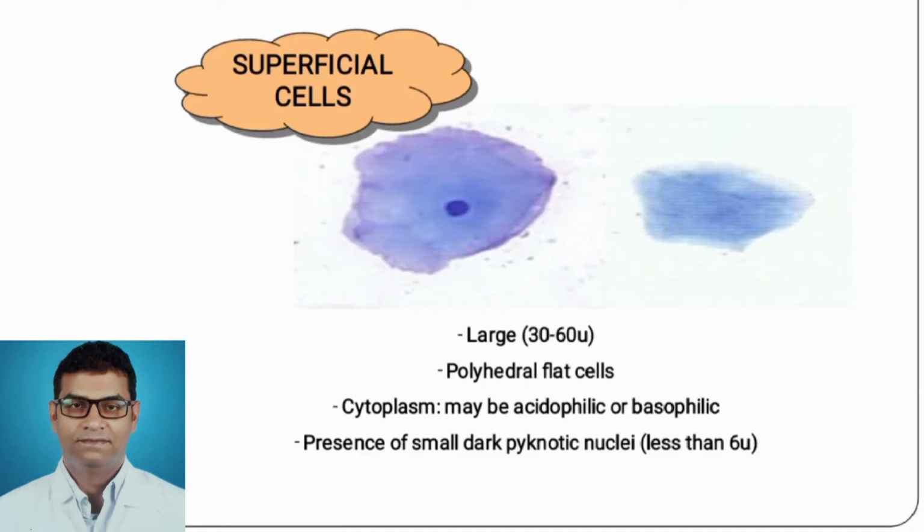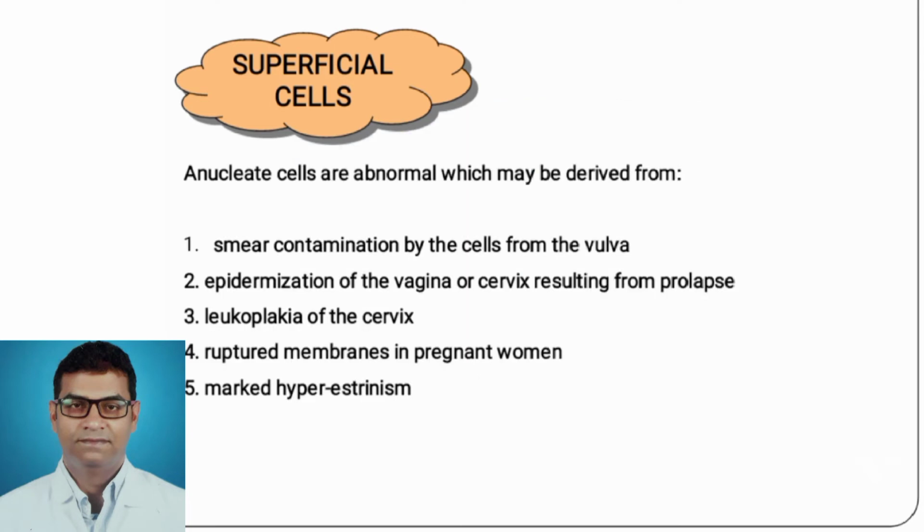Superficial cells are large, 30 to 60 microns in diameter, polyhedral flat cells with acidophilic or basophilic cytoplasm and a small dark pycnotic nucleus less than 6 microns. Anucleate cells are sometimes also seen.